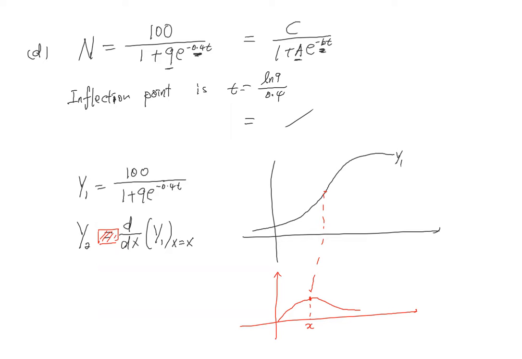You can get it from the graph. Oh, so I get the maximum point of the y2. Yes, of the derivative graph. So bear in mind, the maximum point or the minimum point, the x coordinate of the rate of change graph is the x coordinate of the inflection point of y1. Only the x coordinate.